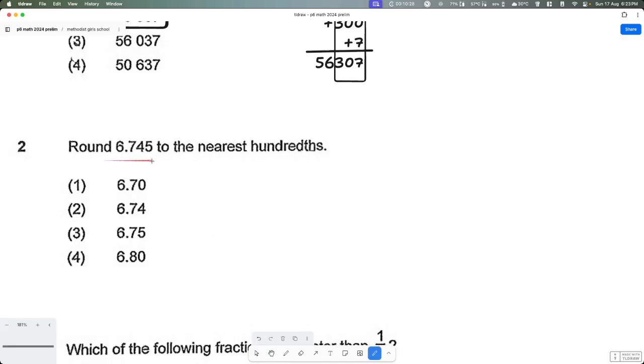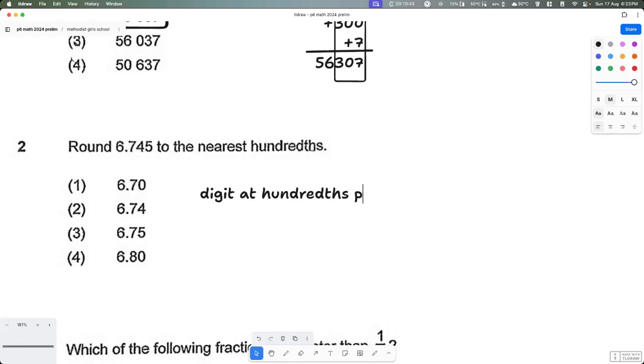So round 6,745 to the nearest hundreds. The digit at the hundreds place is 7.